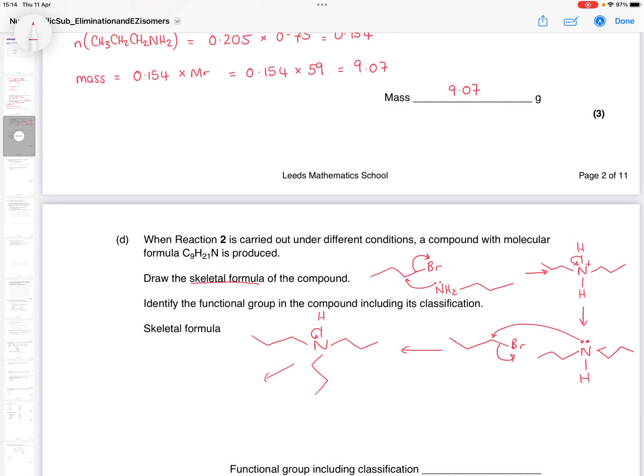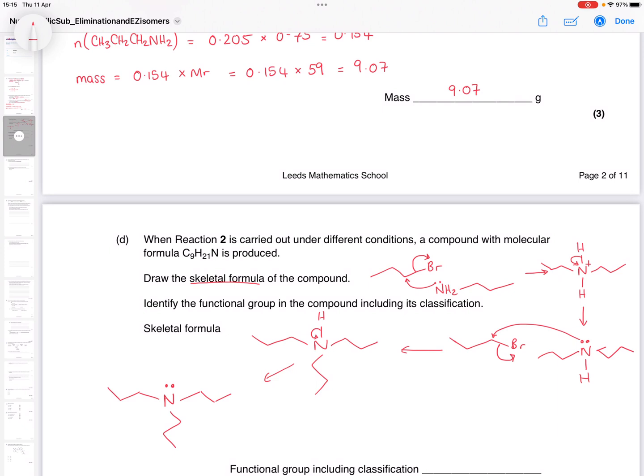And so the final skeletal formula would look like this for the tri-substituted.